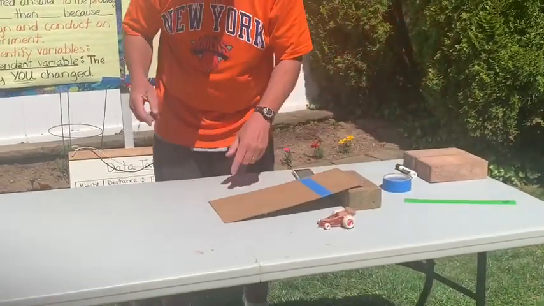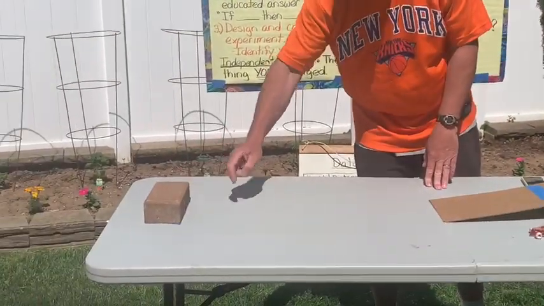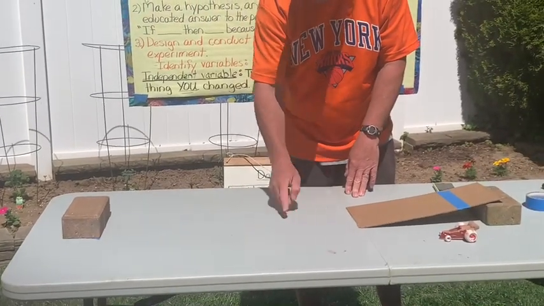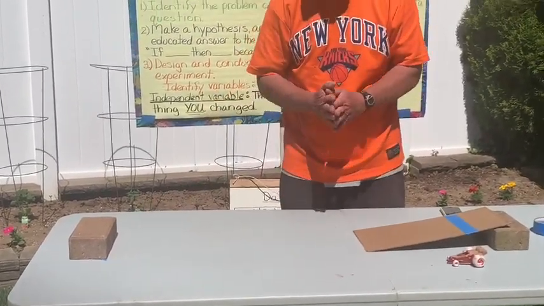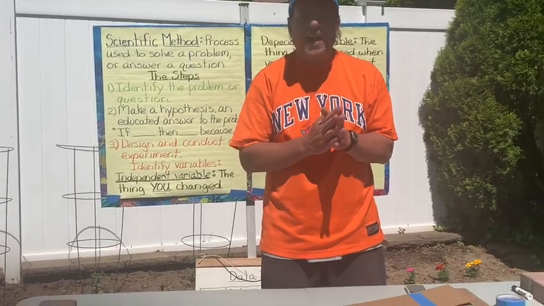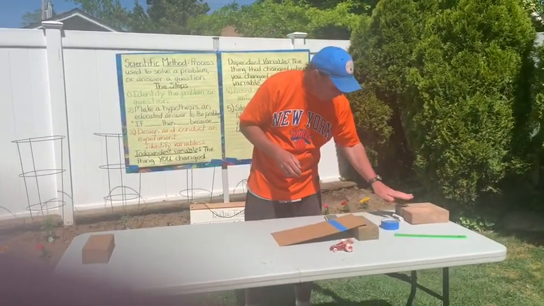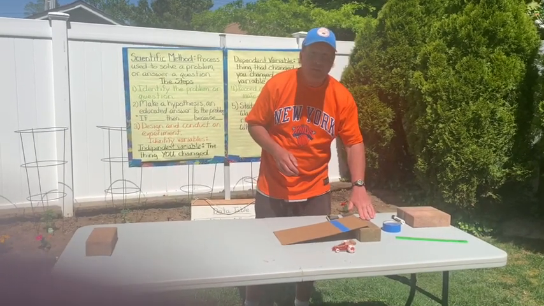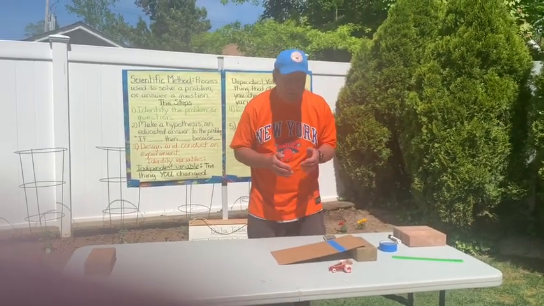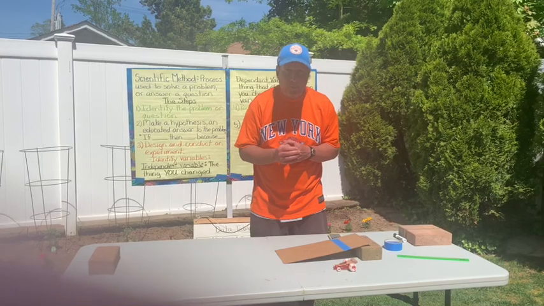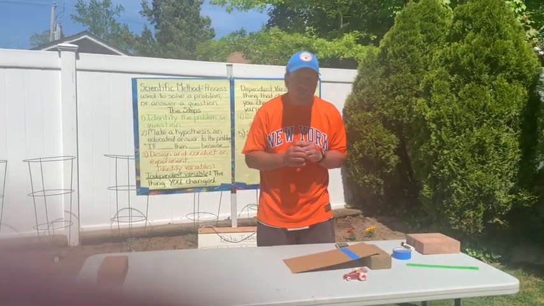It will go down the ramp and travel to the brick. The distance between the ramp and the brick is 70 centimeters. And what we will be looking at is, as we add bricks to the ramp, how does the speed of the car change?